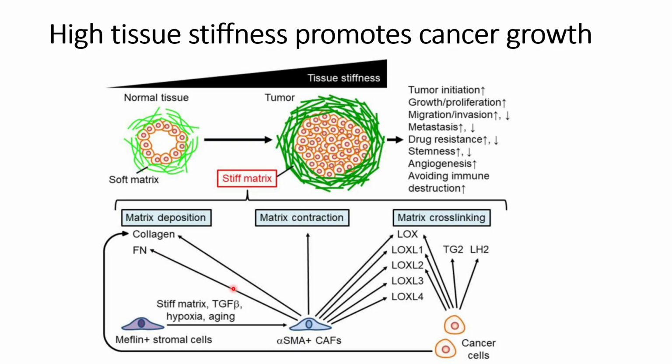At the same time, from the matrix concentration point of view, cancer-associated fibroblasts and alpha smooth muscle actin play a role. With the increase in stiffness, there is an increase in the amount of TGF-beta that helps in epithelial to mesenchymal transition, so the cells can metastasize to different sites.